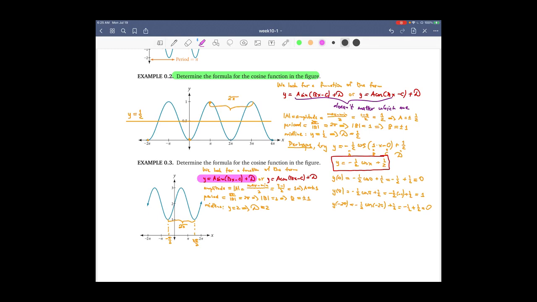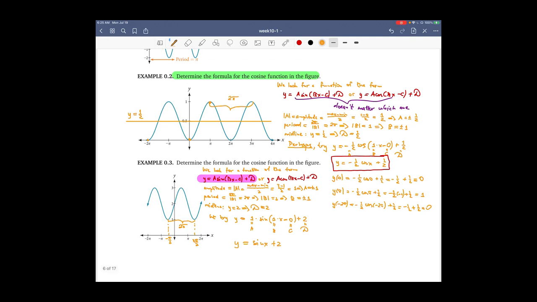So we should try, for instance, 1, which is a, times sine of 1, which is b, times x, minus 0, which is c. No need to go with any shift horizontally, plus the midline, plus 2. That's d. In short, our primary suspect is the function sine x plus 2.